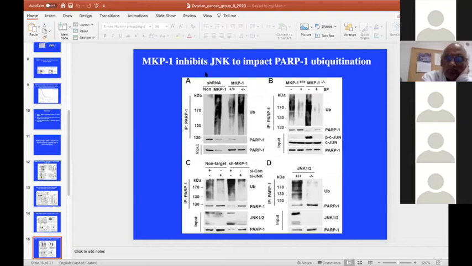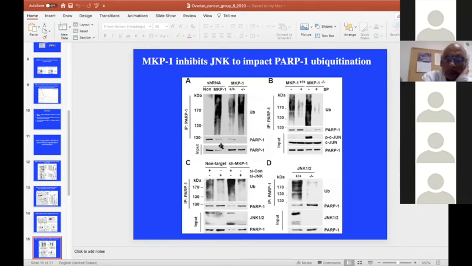So what we did here, we knocked down MKP1 and used the MKP1 knockout cells. So we look at the ubiquitination of PARP1. As you can see, in both ovarian cancer knockdown cells and in MEF cells, in which MKP1 is knocked out, we see a high level of ubiquitinated PARP1 compared to either wild type or the non-targeted shRNA cells.